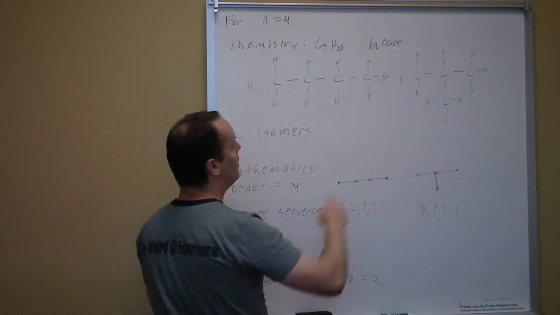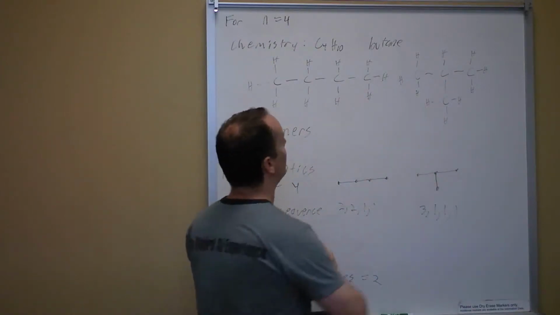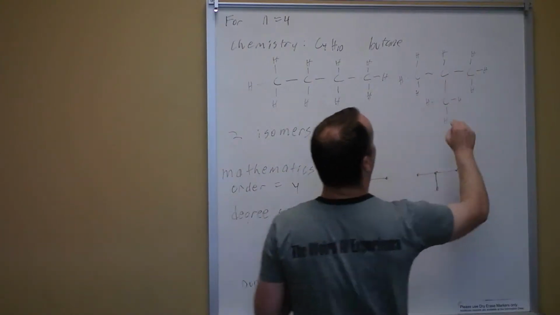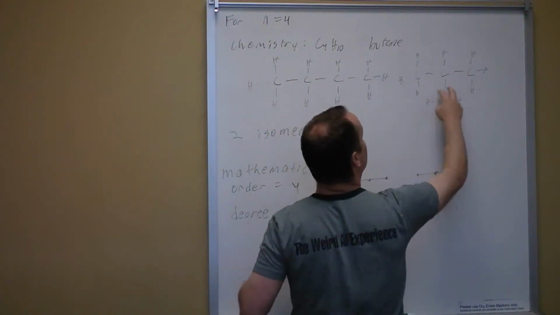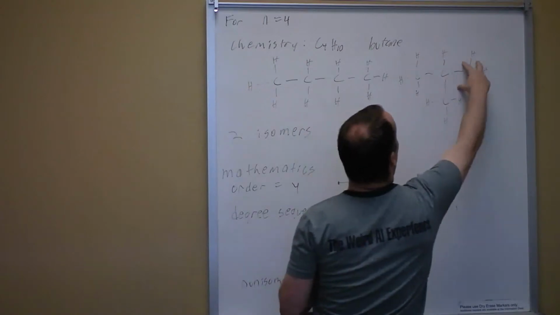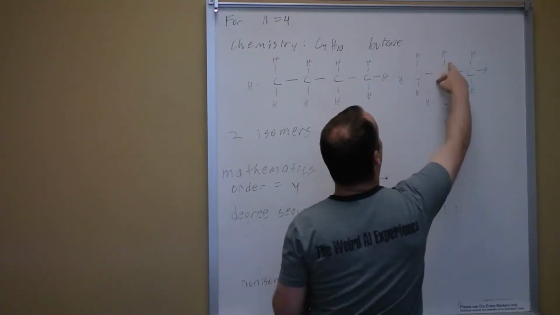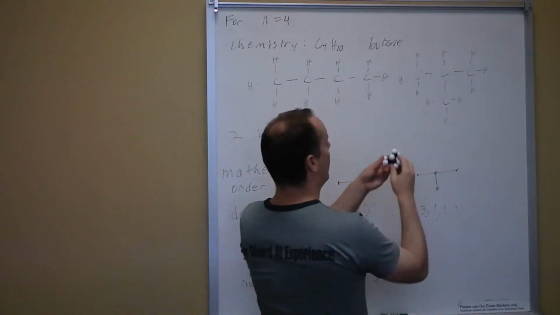The other constitutional isomer, or structural isomer, is this one right here. Notice you have 3 in a row, and then you put the 4th carbon off the middle carbon here. So you've got all 3 of these end carbons with 3 hydrogens, and then this middle carbon with just 1 hydrogen.